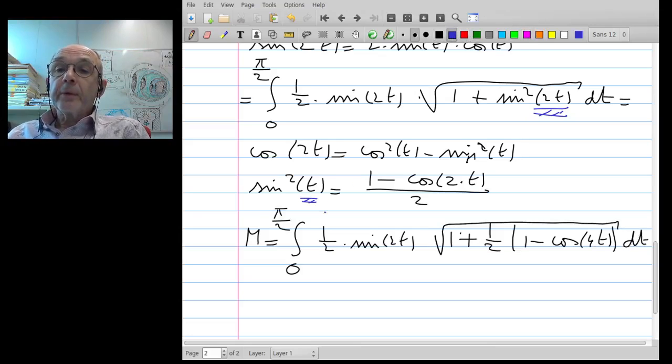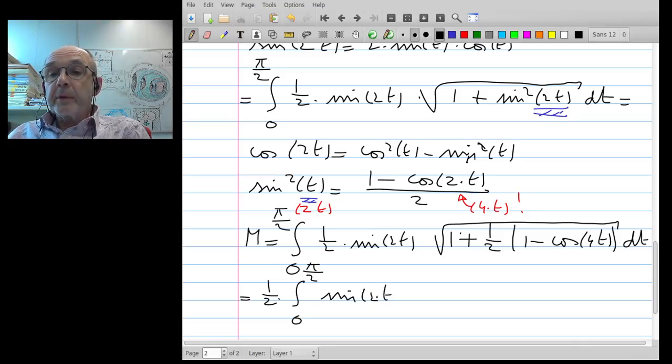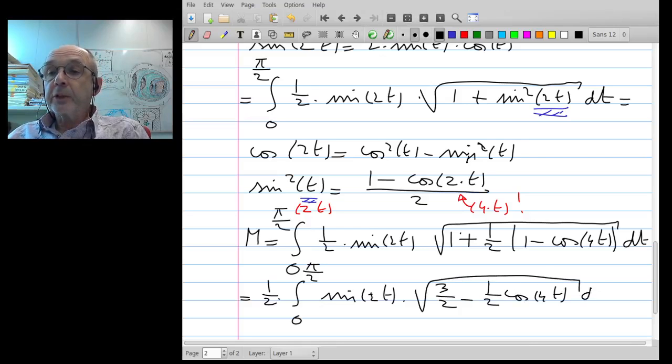You have here 2t, and then you get here 4t. So we have this expression here. This becomes 1 over 2 integral, same integral, and then we have the sine of 2t times, and then we have 3 over 2 minus 1 over 2 times the cosine of 4t, taking the square root of it, dt.